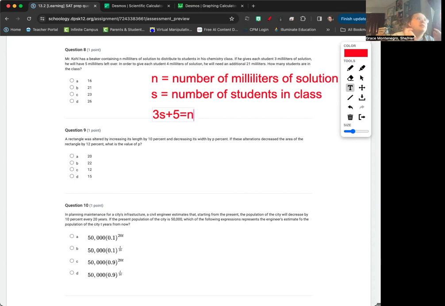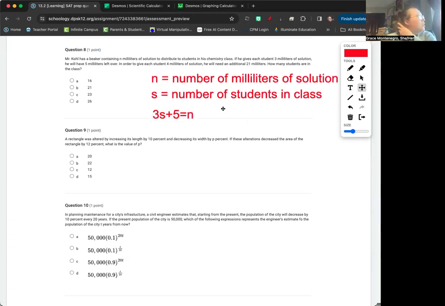He's going to have 5 milliliters left over, so that goes on the other side to make the total equal the total. Another creative leap. But it's true, right? If you put it on this side, you'd end up unbalancing it, and the whole solution plus the extra would be more than the solution you started with, and it wouldn't work.